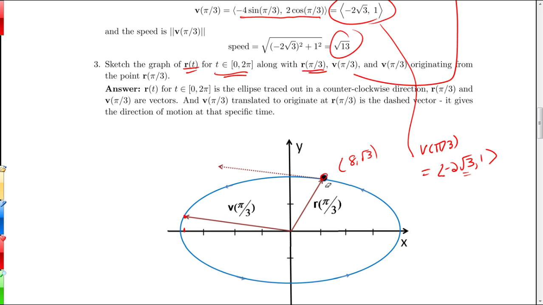It tells me that at exactly this point in my travels around this ellipse, as soon as I hit this point, I am going in this direction, with this much speed. Whatever the length of that is, is the speed.